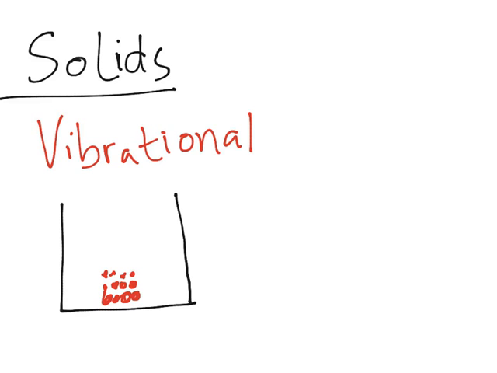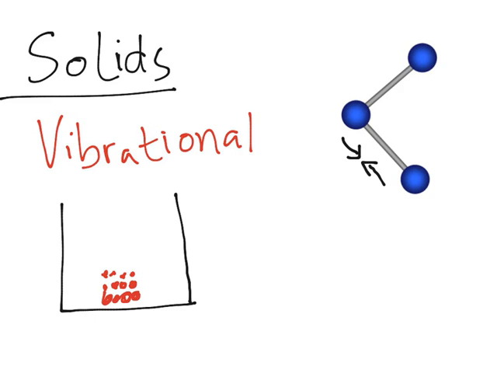And what I mean by vibrate is they kind of stretch. So let's draw a molecule. There we go. We have 3 atoms, so we have a molecule in this case. And when it vibrates, the length of the bond will increase or decrease.